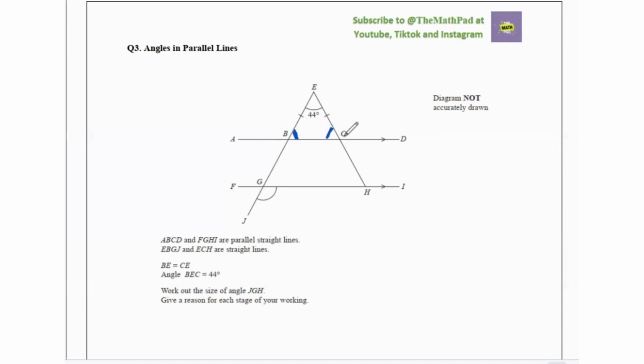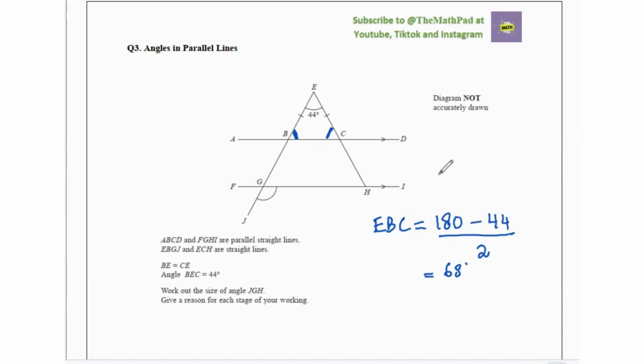And we can easily find these 2 angles by subtracting 44 from 180 and then dividing the result by 2, which is going to give us 68 degrees.